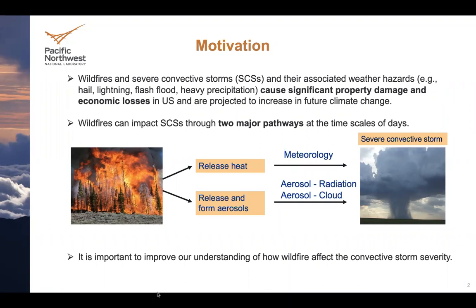One is to release heat and impact the severe convective storm through meteorology. The other is that wildfires release and form aerosols, which impact convective storms through aerosol-radiation interaction and also aerosol-cloud interactions. There are few investigations linking wildfires and severe convective storms with these two major pathways together. So this motivates our investigations.